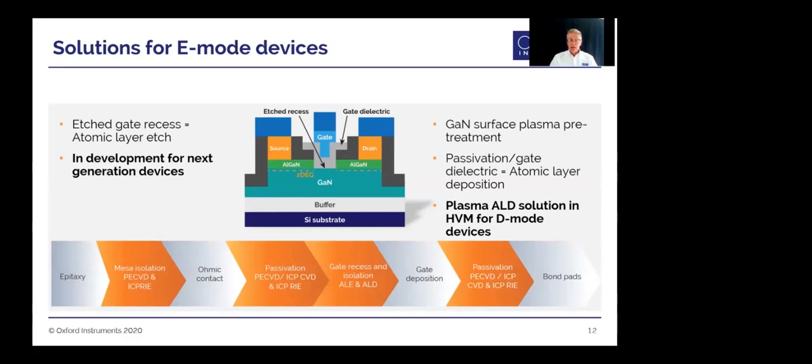Then the gate dielectric, typically aluminium oxide, can be deposited using plasma-enhanced ALD. We found that plasma-enhanced ALD gives brilliant material qualities, but also allows you to address the surface before you deposit. And this means you can reduce some of the defects on the device and create a much better device.